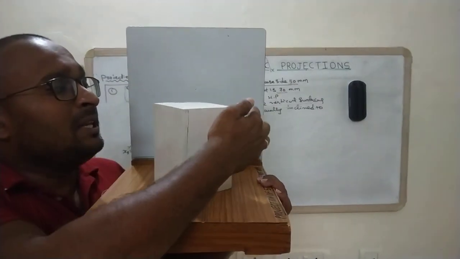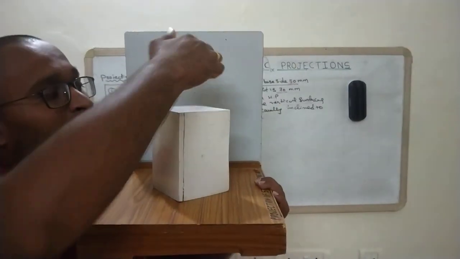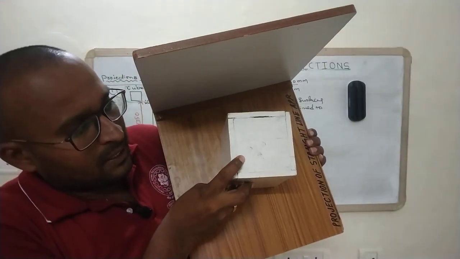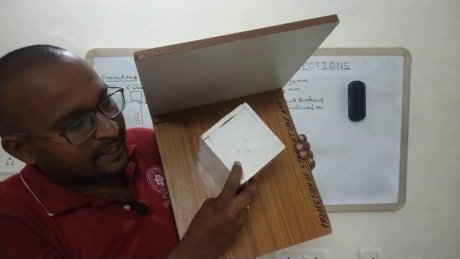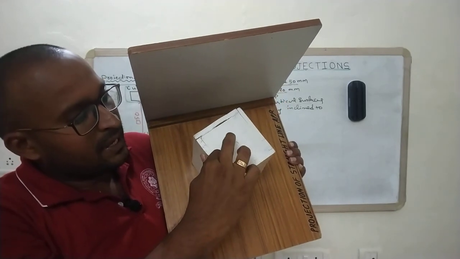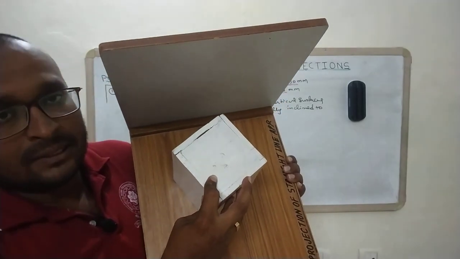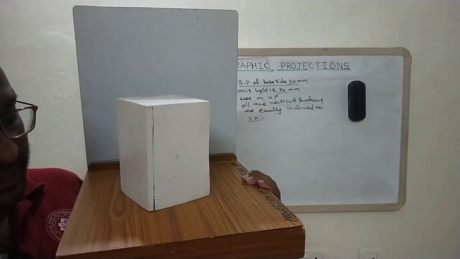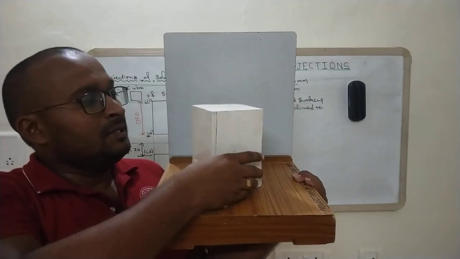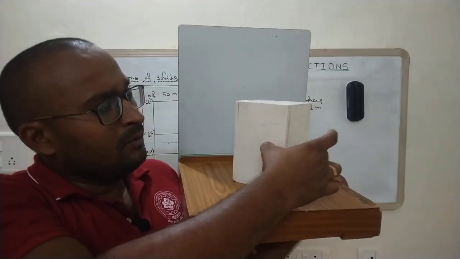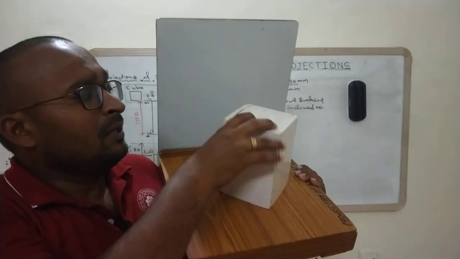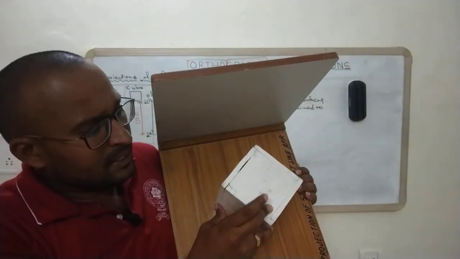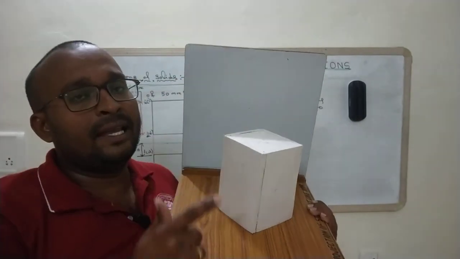If you keep this rectangular surface at an angle of 45 degrees, all the remaining surfaces are also going to be inclined at 45 degrees, because this is a right angle, a square, right? So whenever we see from the front view, these two surfaces are going to be visible. From the top view, we will get the square at an inclination.